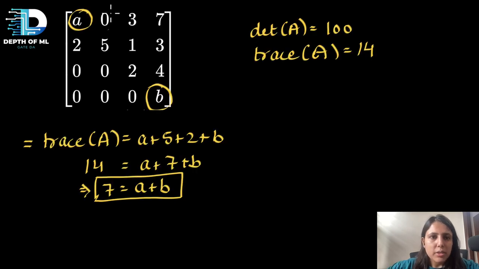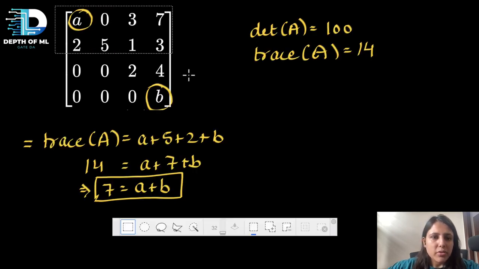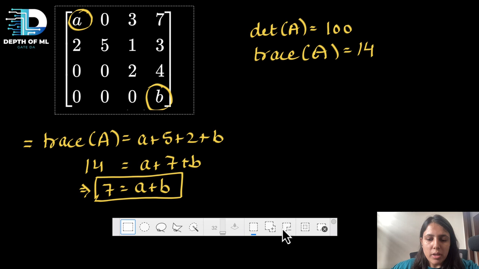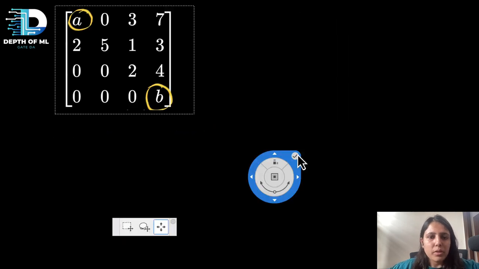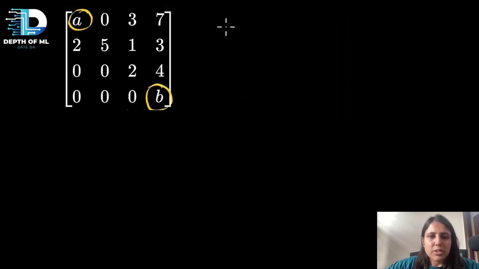I will copy this matrix yet again and we'll start finding the determinant. The determinant of this matrix can be computed in the normal way also, but if you already know about cofactors, calculating it becomes very easy. I'm trying to find rows or columns along which I can expand.